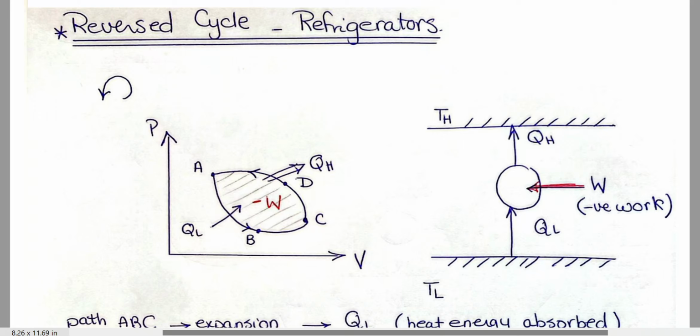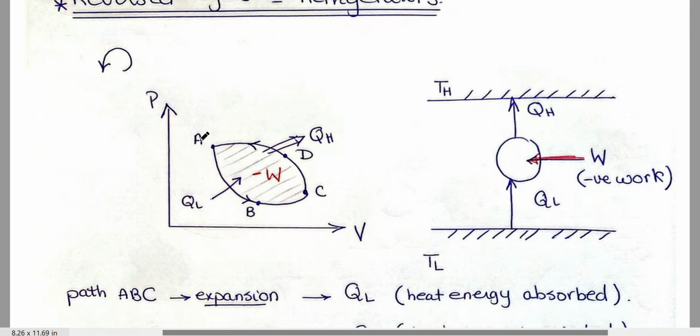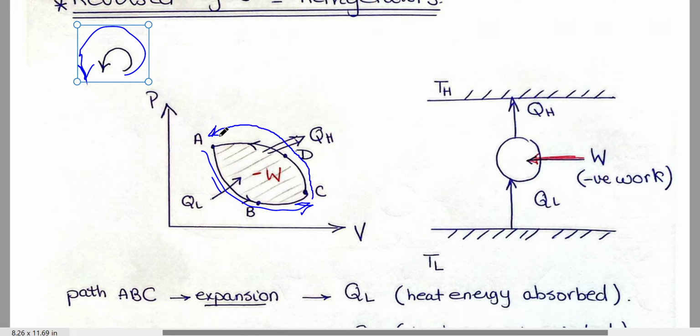The reverse cycle is directed anti-clockwise, counterclockwise. So I will go to point C through point B, but with less work, and then return back from CD to A with a greater amount of work.